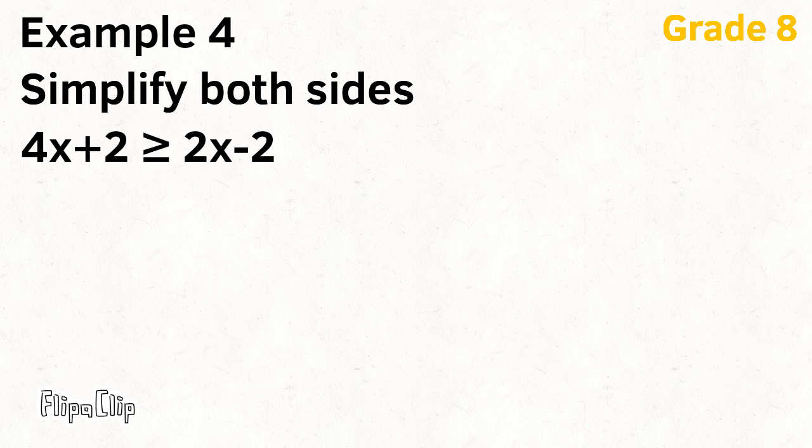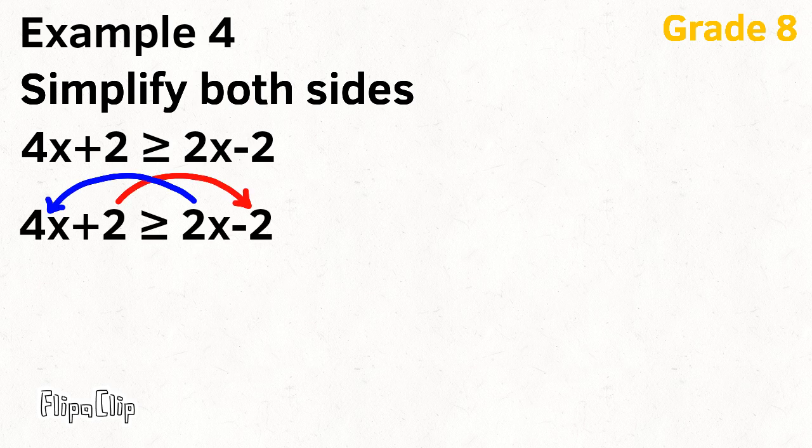So for our last example, we have 4x plus 2 is greater than or equal to 2x minus 2. So for the first step, we have to simplify both sides. So as you can see, you can subtract 2x from 4x and 2 from negative 2.